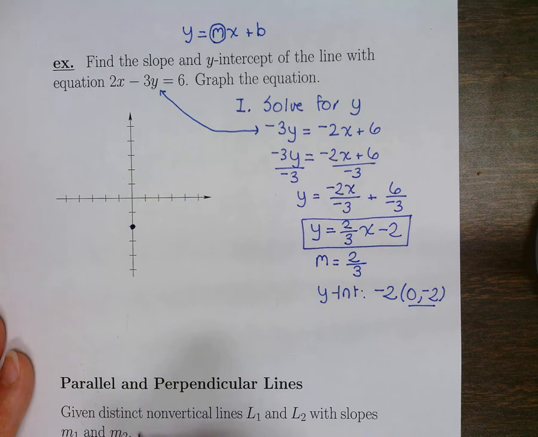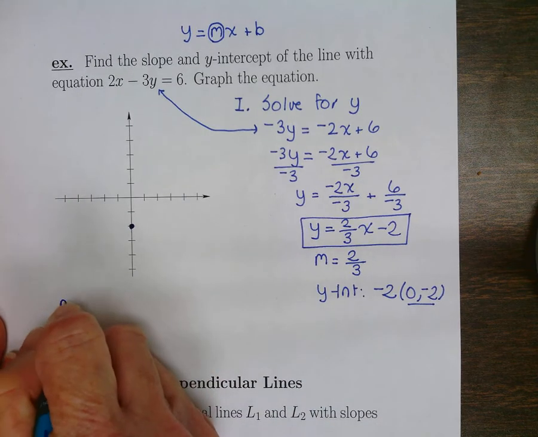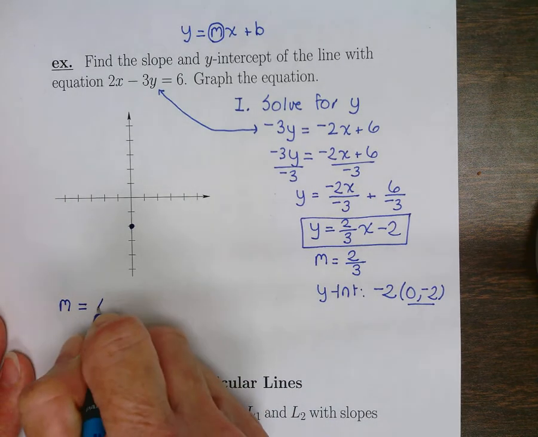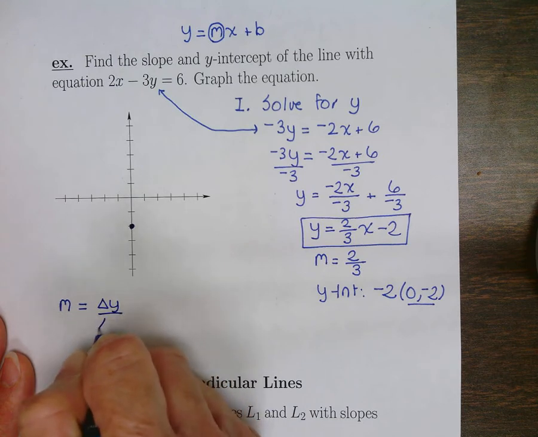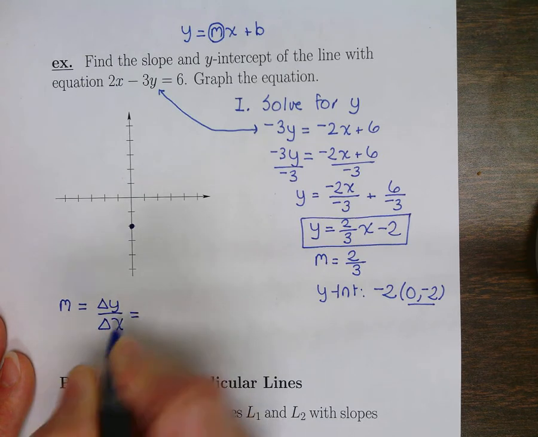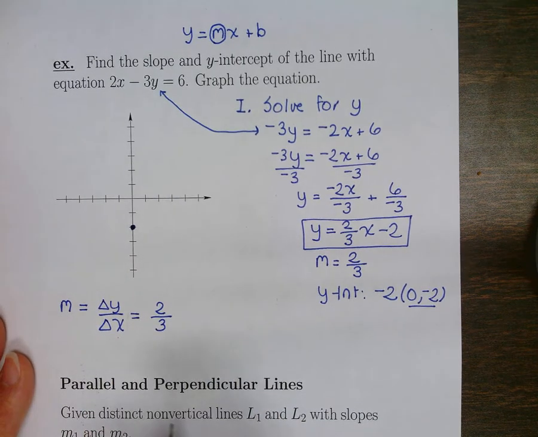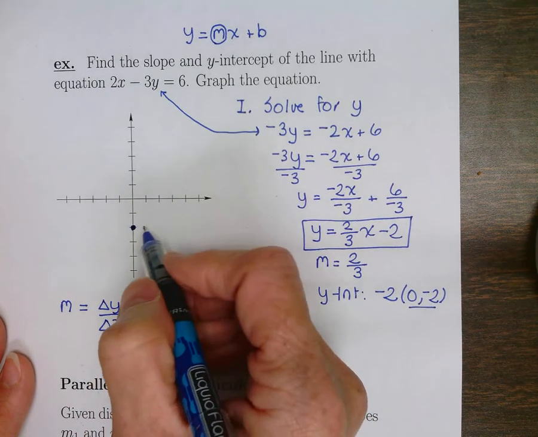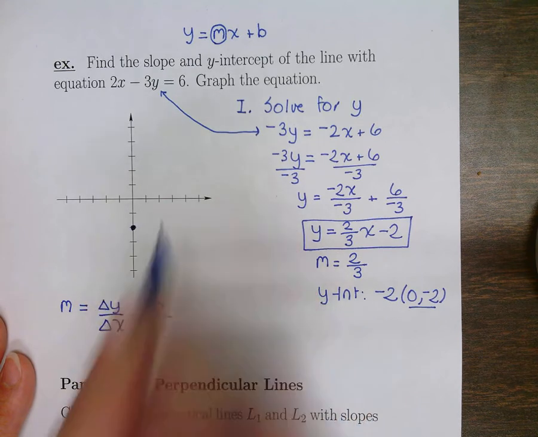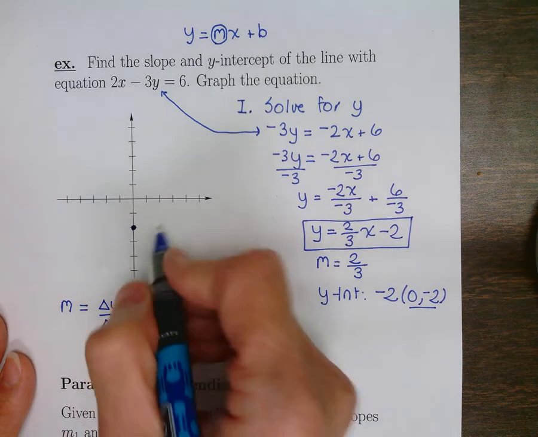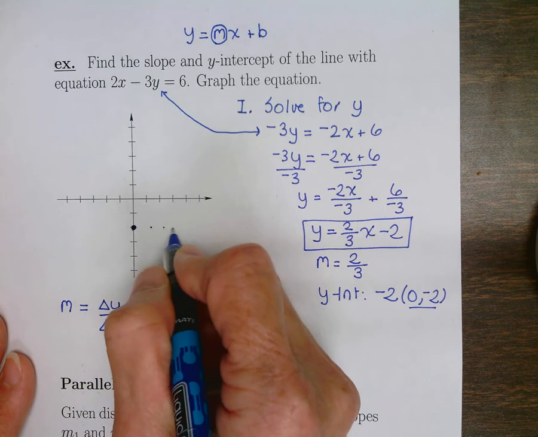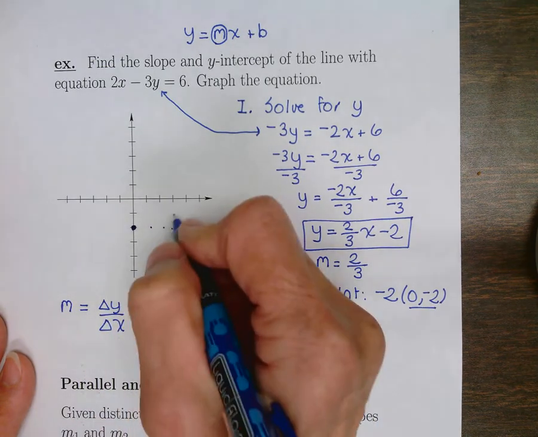And I also know the slope m, which is change in y over change in x, is equal to 2 over 3. So what does that mean? Maybe it's easier to start with x. When x increases by 3 units, y will increase by 2 units.